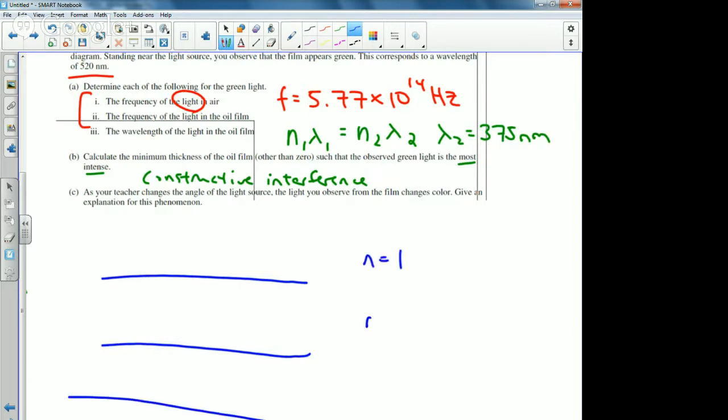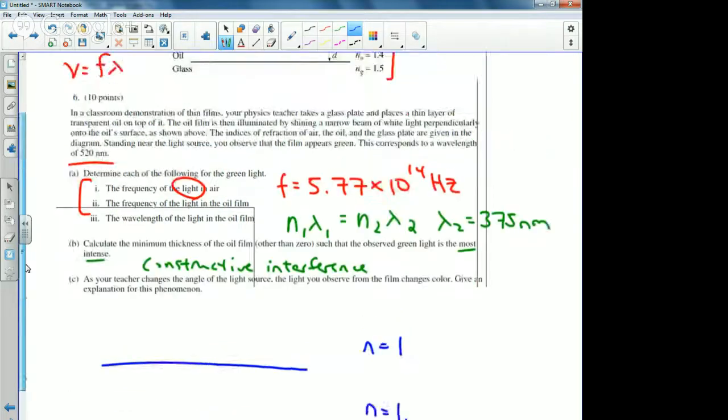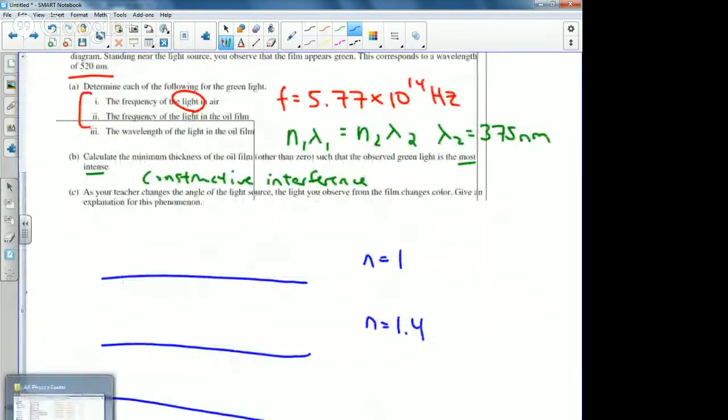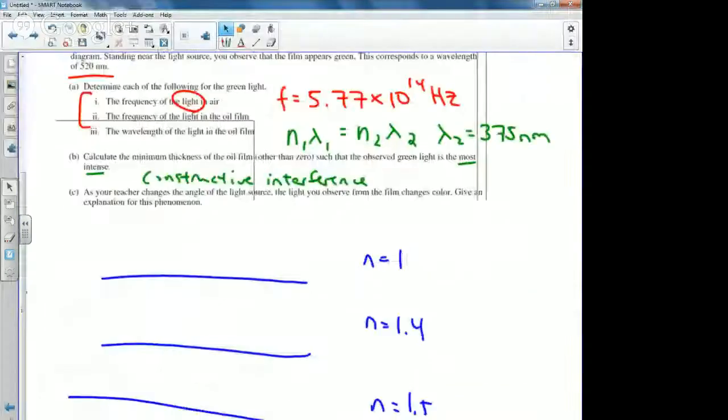N equals 1, N equals 1.4, and then 1.5. Okay. Now, if you guys vaguely recall me going over this a long time ago, when light hits, it always partially reflects, partially refracts.